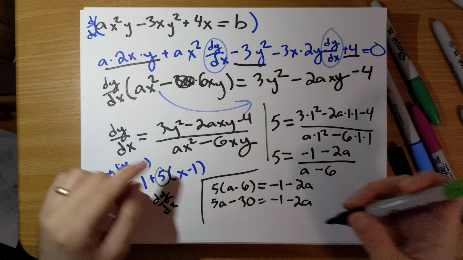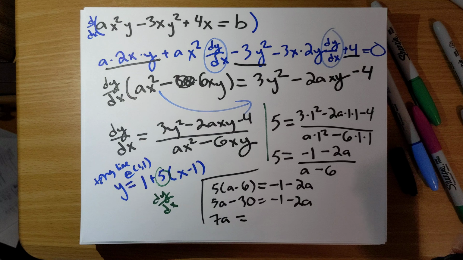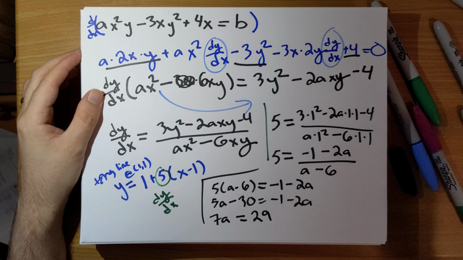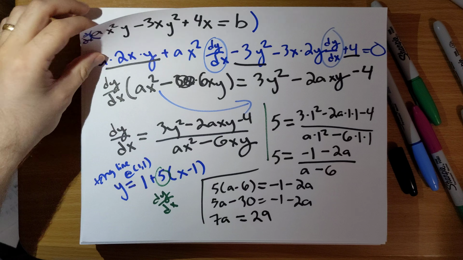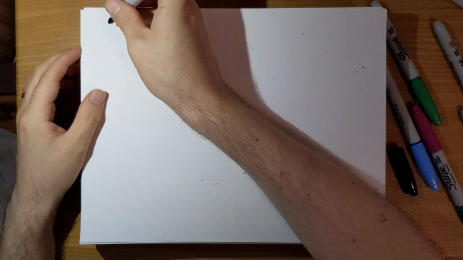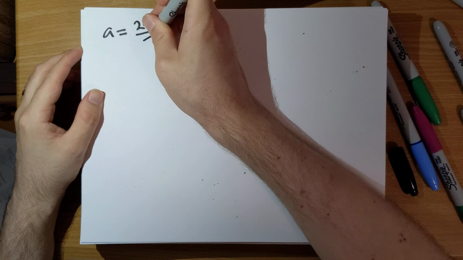Adding 2a to both sides, 7a. And adding 30 to both sides, 7a is equal to 29. So if I haven't botched up my calculations here, a is equal to 29 over 7.